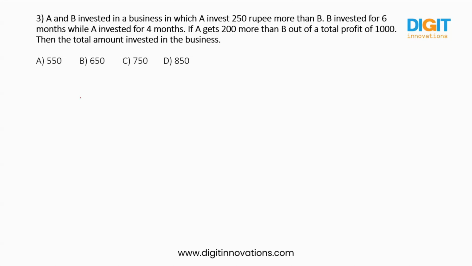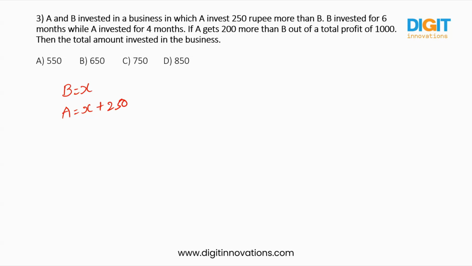They are asking for the total amount both invested together. If B invested X, because B is the independent person and A depends on B, then A equals X plus 250. I'll do the same process I did in partnership.